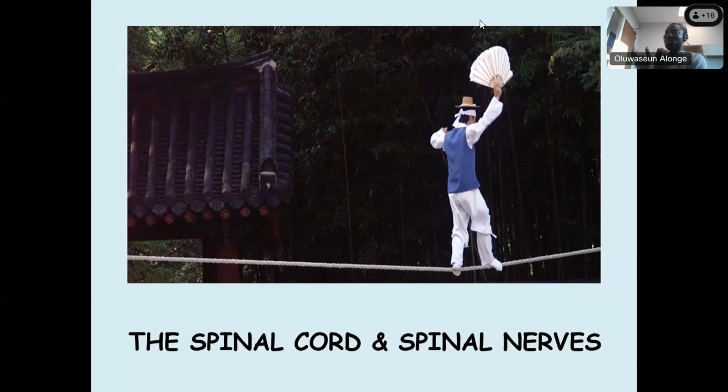And it's that opening, the foramen magnum, where the spinal cord continues, and it continues through the cervical vertebra, continues through the thoracic vertebra, and it ends at L1, right between L1 and L2. That's where the spinal cord stops. All right, so the spinal cord does not run through the entire length of the vertebral canal. I'll be showing you the vertebral bone. I'll show you all of that.